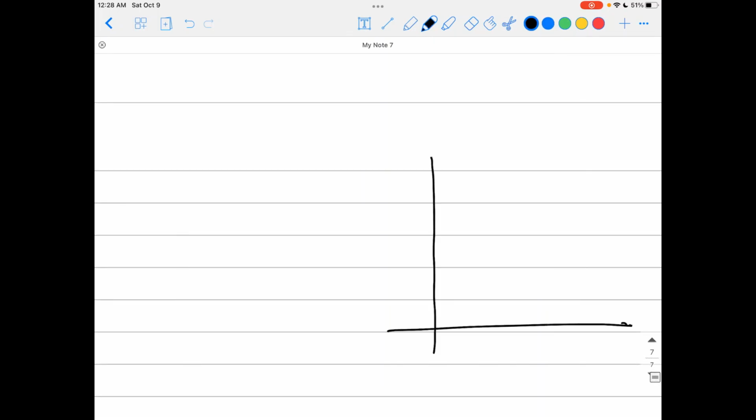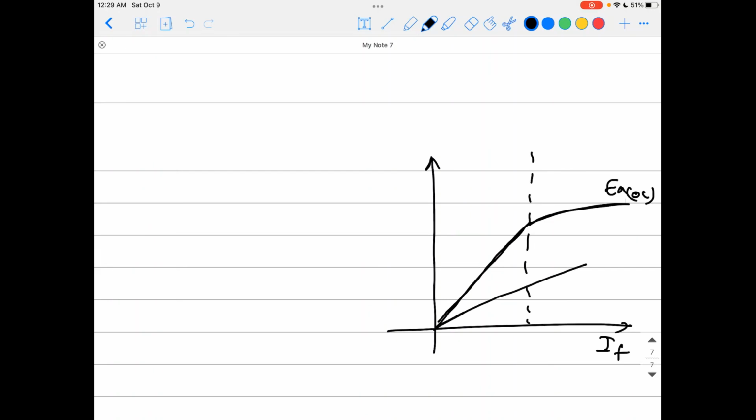Here is I field, and you place both of them. That is the linear region for the open circuit characteristics, and after this you enter the saturation region like this. So that is EA open circuit. On the same axis you plot IA, so that is IA short circuit. I'm placing both characteristics on the same curve, and now that's easy. You can pick any amount of IF here and go with a vertical line like this.